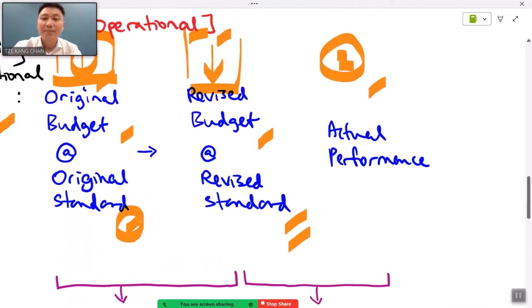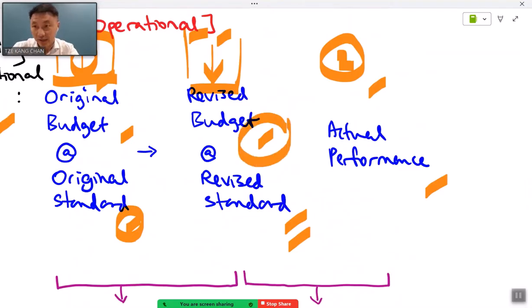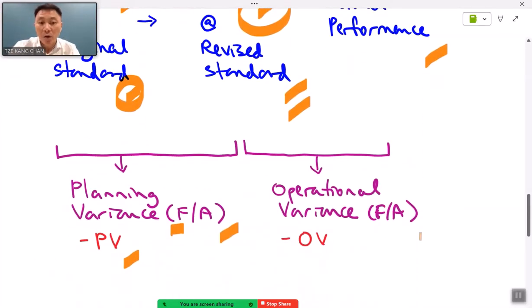On the other hand, should the actual results be different compared to the revised budget, which incorporates all the unforeseen changes, any differences that arise would likely relate to operational matters, which therefore become the responsibility of the respective department team member.